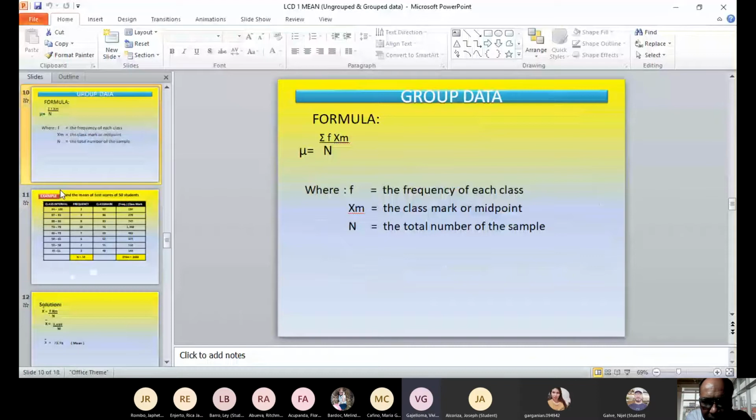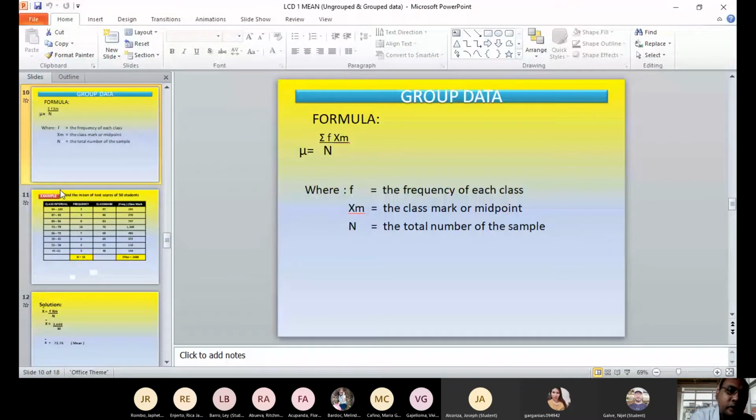Meaning, our n is greater than or equal to 30 belongs to the group data. If n is less than 30, that belongs to ungrouped data. So meaning to say, you should know how to use the formula.